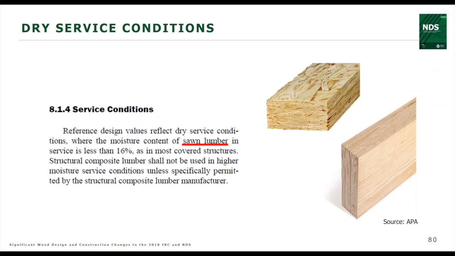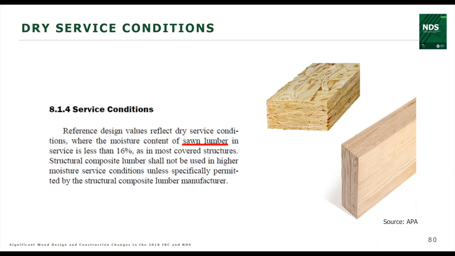A change was made to clarify that the dry service conditions, associated with conditions in which the moisture content of sawn lumber is less than 16%, are in line with what would qualify as dry service for structural composite lumber as well. This is for end use in dry service conditions, like protected framing members inside an enclosed structure.